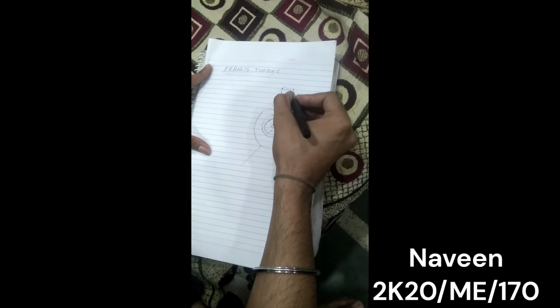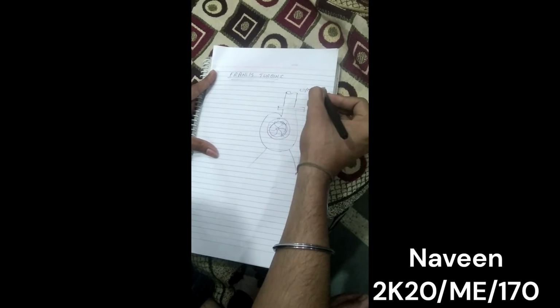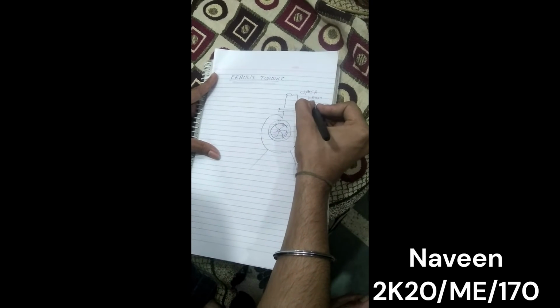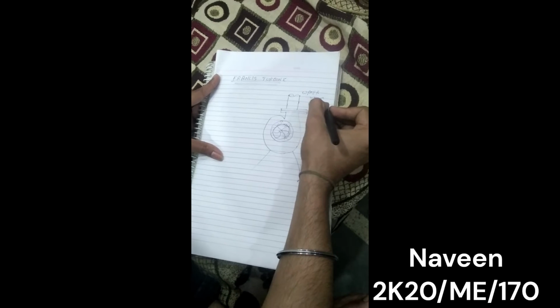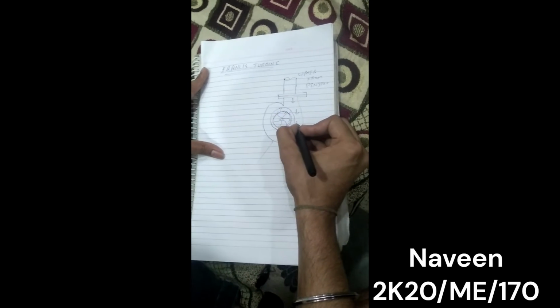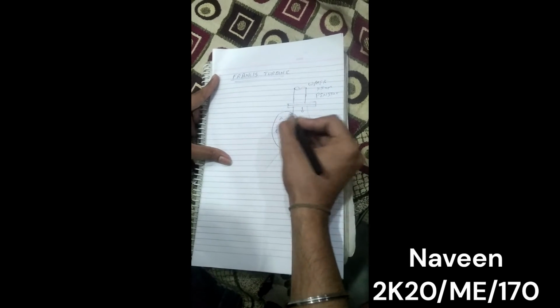And this is water from the penstock. So water enters from this and goes through this, and the area is reduced.